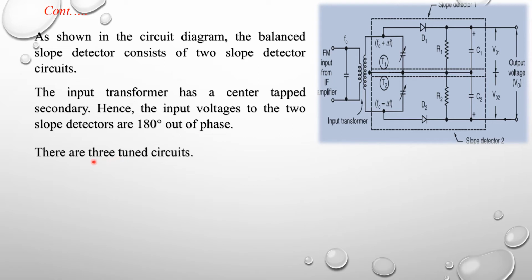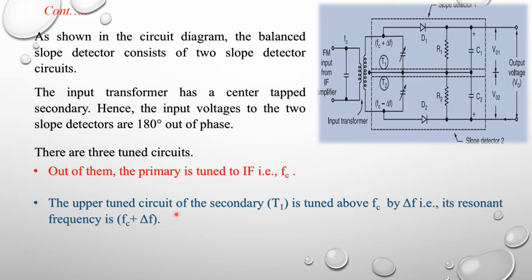In the balanced FM slope detector there are three tuning circuits. Of the three, the primary is tuned to the intermediate frequency, that is the carrier frequency. This is the primary tuning circuit.